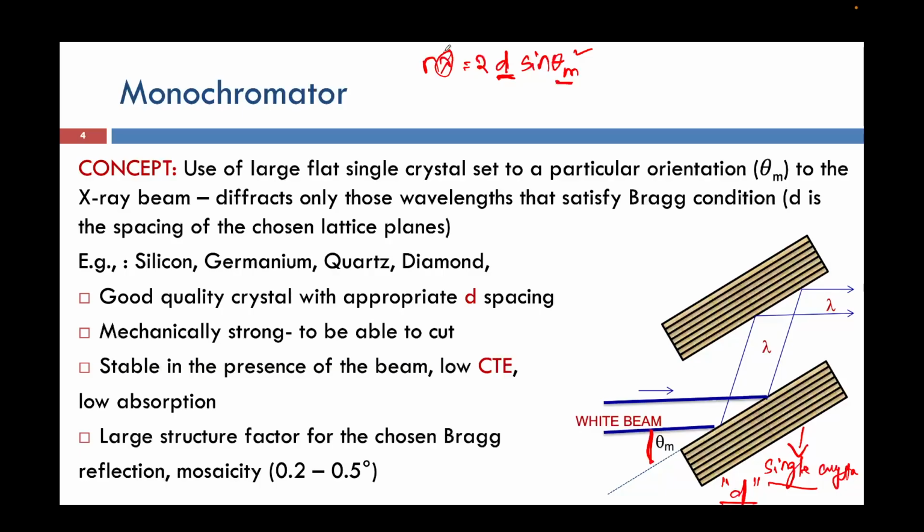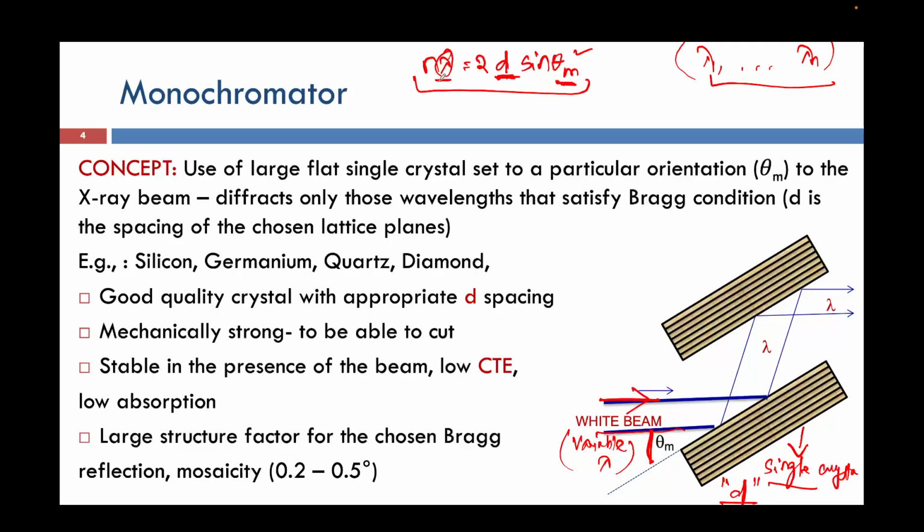Okay, since I have fixed my lambda, even if I use a wide beam here, which will have variable wavelength, let's say lambda 1 to lambda n number of wavelengths, out of all these wavelengths only one wavelength satisfies Bragg's condition, because my d is constant and my theta m is constant.